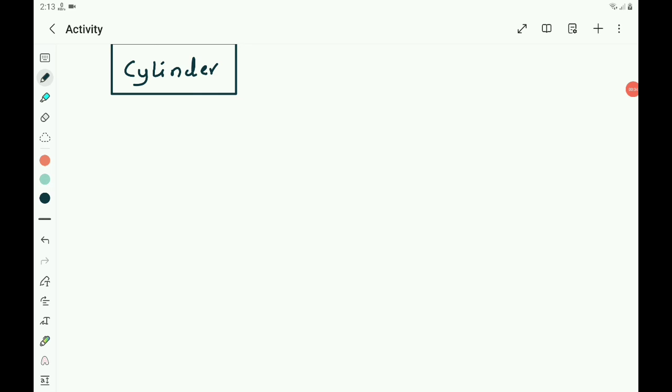What is cylinder? Cylinder is a solid having 2 identical parallel circular bases joined by a curved surface.